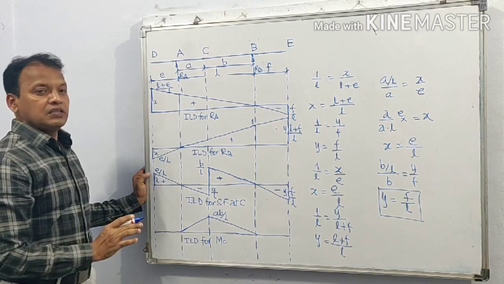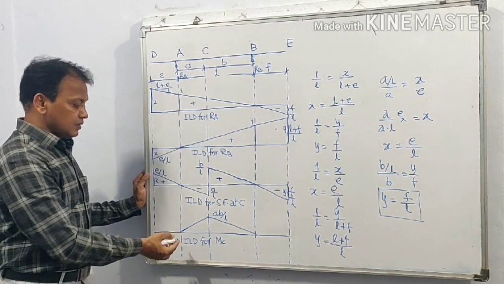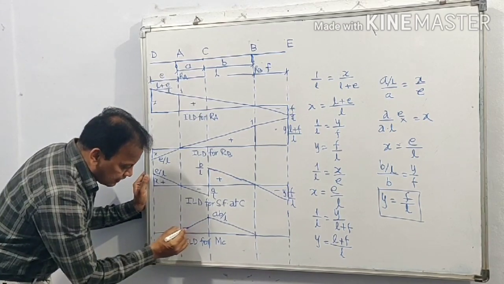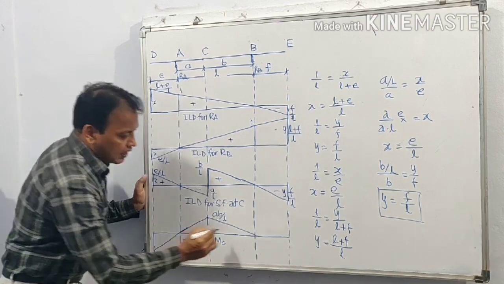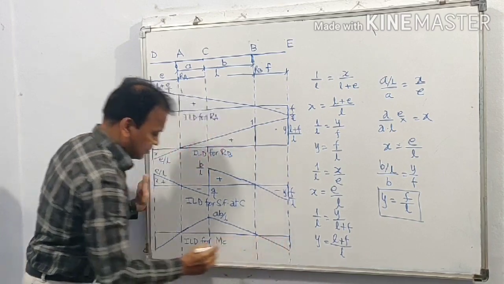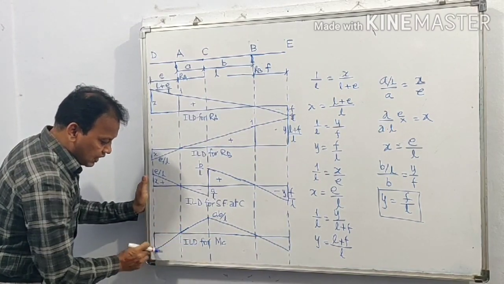Now the last one, in this case, the influence line diagram for bending moment at C. Extend simply this line and this line on the right hand side. So here we have to consider these two triangles.